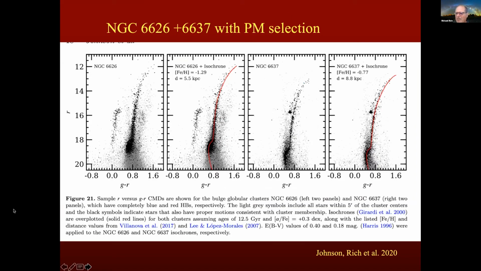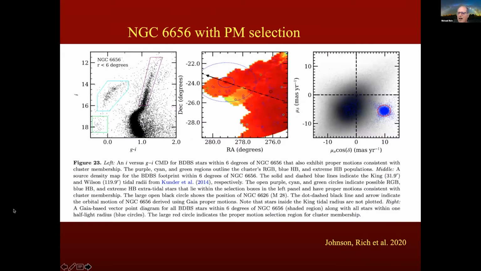Similarly, here we have two globular clusters where we apply proper motion selection. And remember, this is ground-based photometry here. We clearly comfortably get to the main sequence turnoff. We also get a complete extended horizontal branch of these globular clusters. And these are just early results.